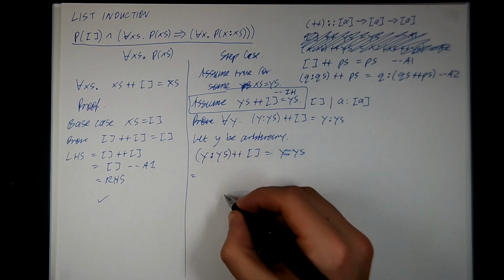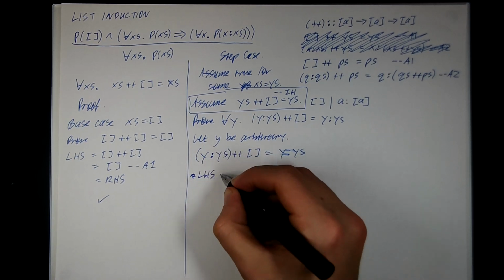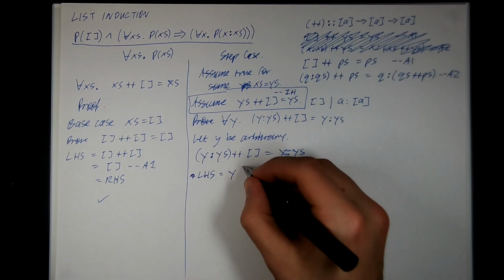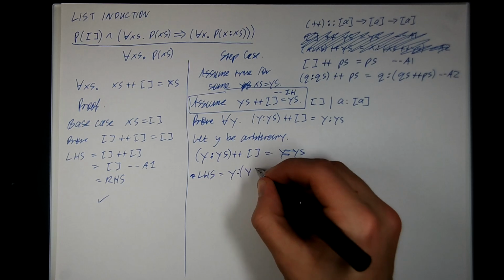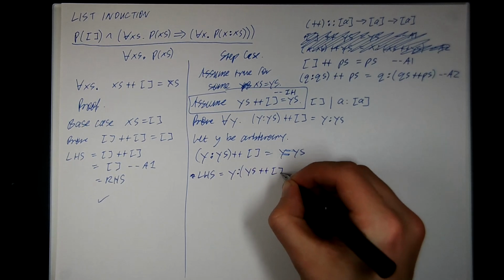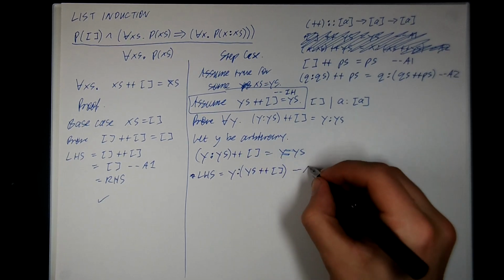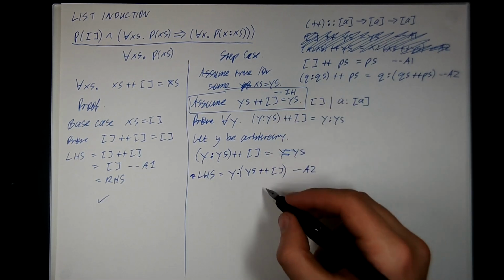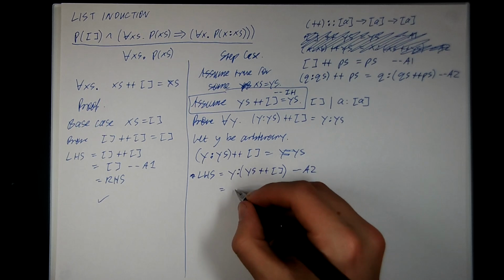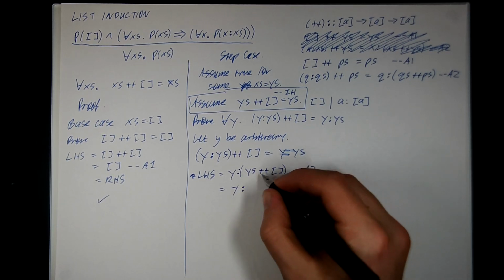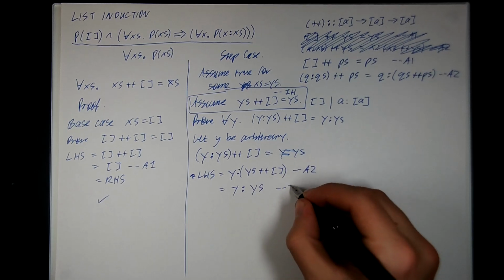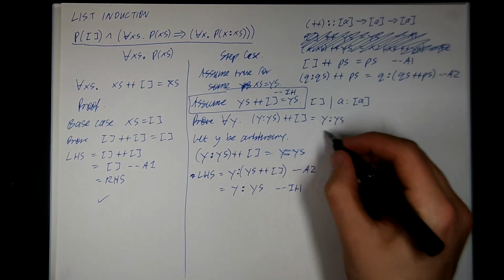So the left-hand side, which is this term here, is the same as Y cons onto YS concat empty list by rule A2. And then I look at this term here and it perfectly matches my inductive hypothesis. So I can apply the inductive hypothesis here and I get Y cons YS concat empty is this YS by inductive hypothesis, and that's equal to the right-hand side.